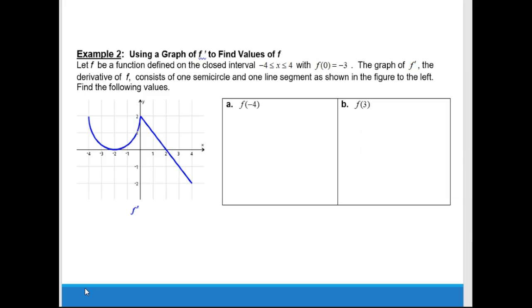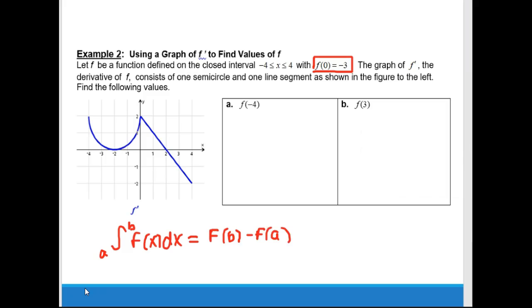And then we are given, and this is where it's coming into play, the initial condition that f of 0 equals -3. That matters now. So think about in terms of our net change. It's the integral from a to b of f prime of x dx equal to f of b minus f of a.